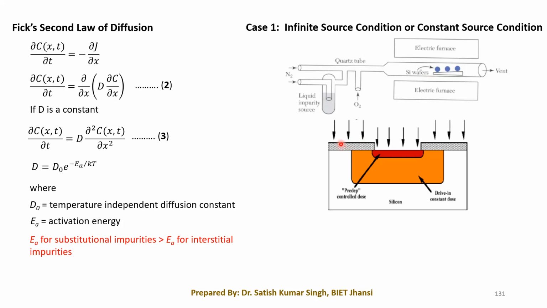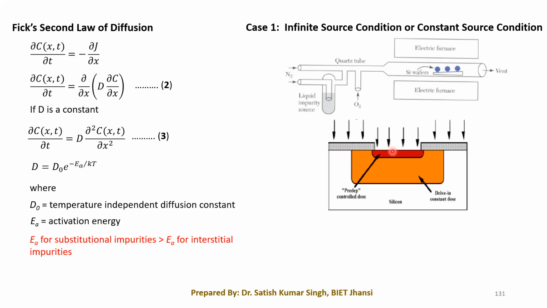So whenever this particular window is surrounded by impurity atoms, a certain amount of impurity is going to diffuse through this layer. This SiO2 layer acts as a mask for the dopant atoms.